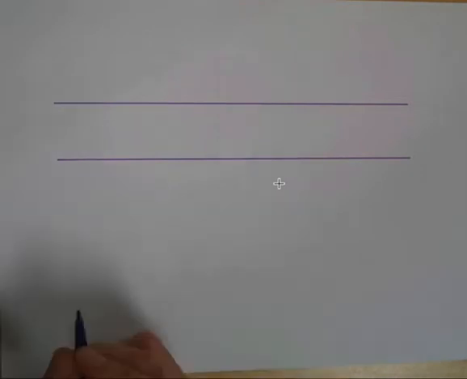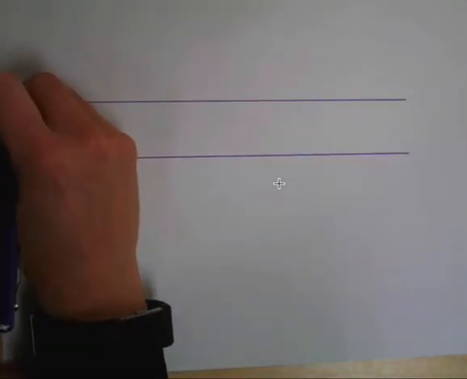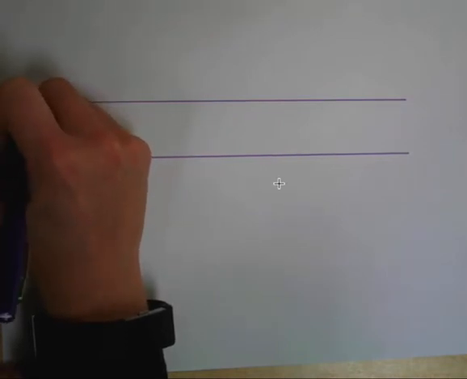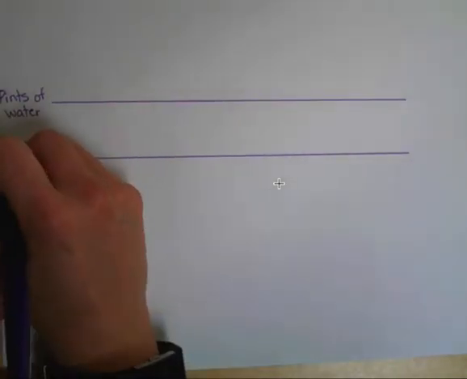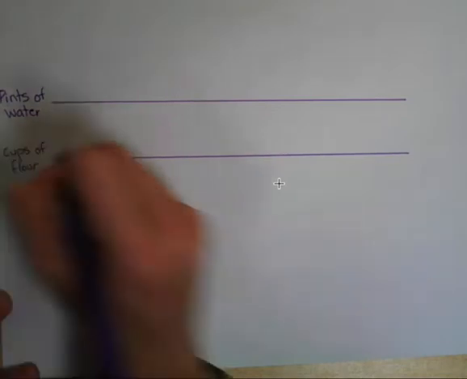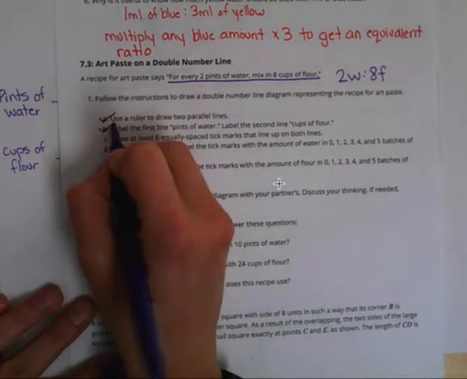Our directions say to label the first line pints of water. And the second line, cups of flour. So we go back to our paper here. So we did A, we did B.